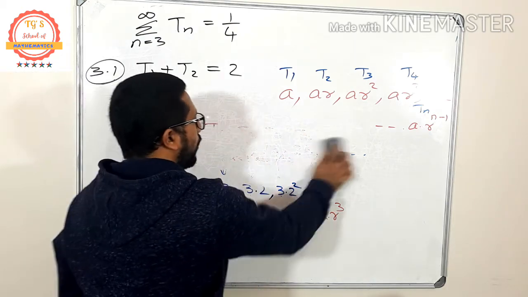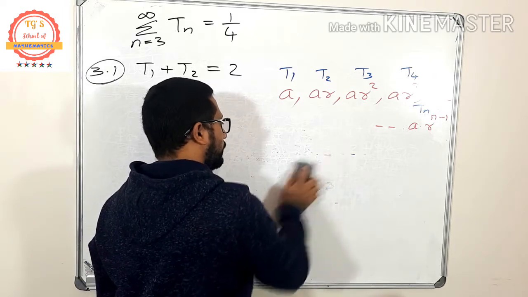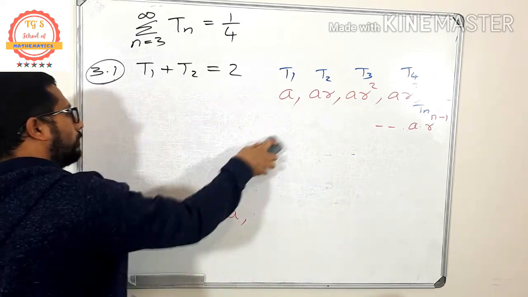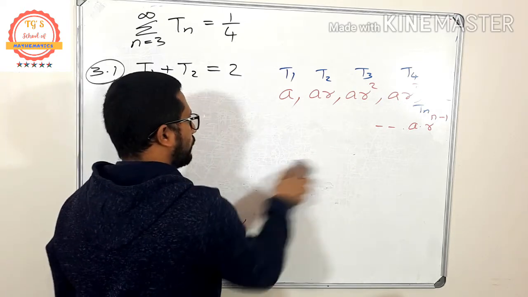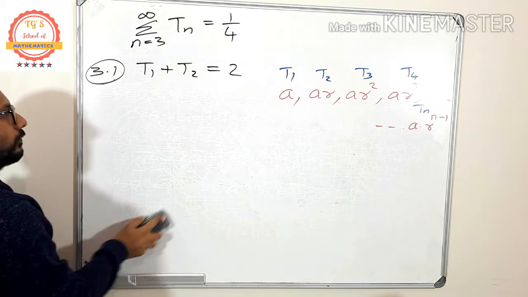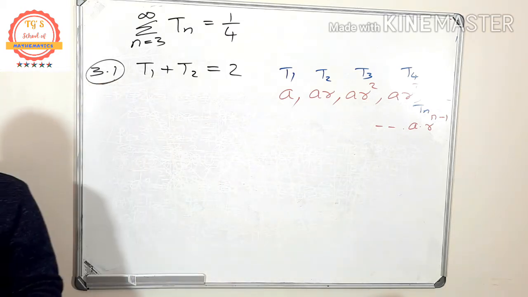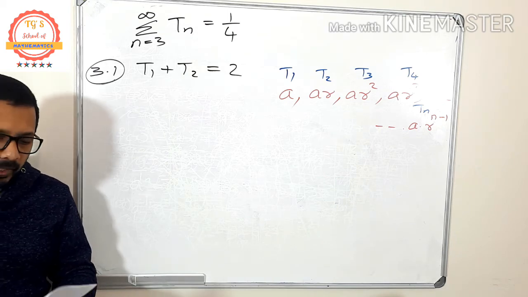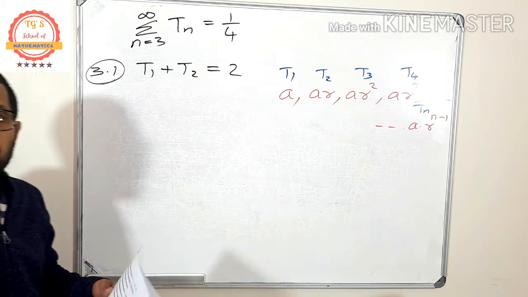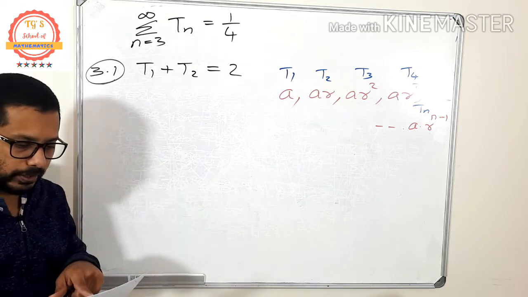Now come back to our question. In our question, it is given that this is a geometric sequence.